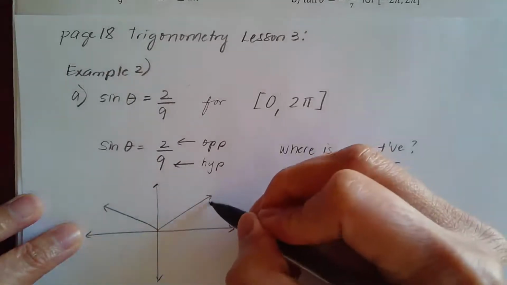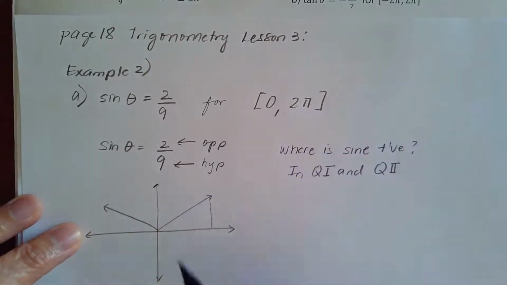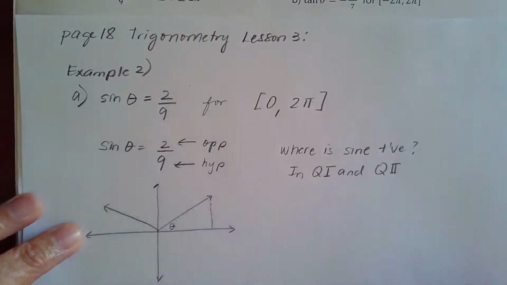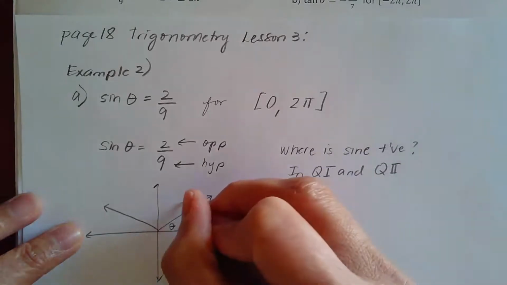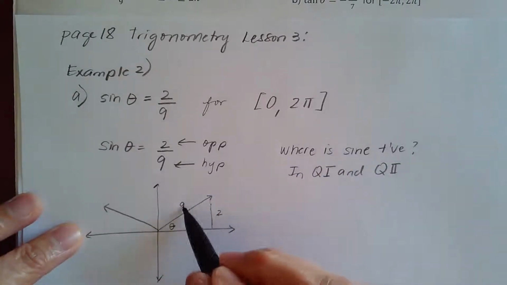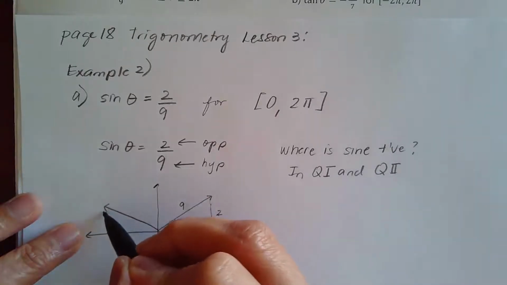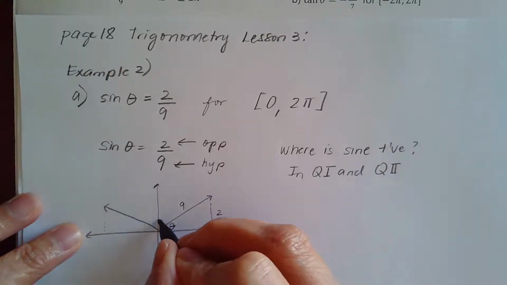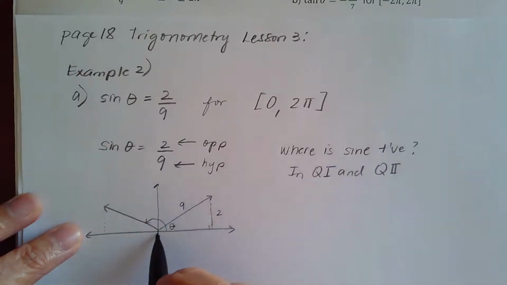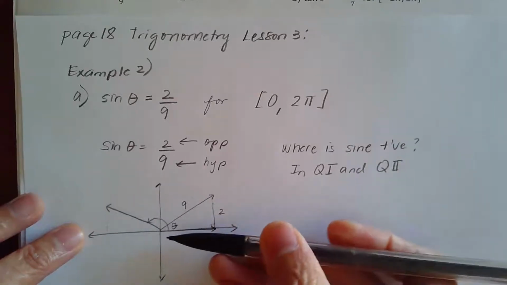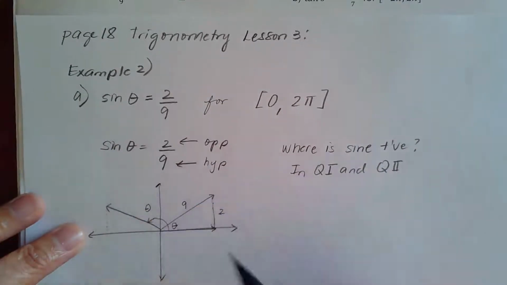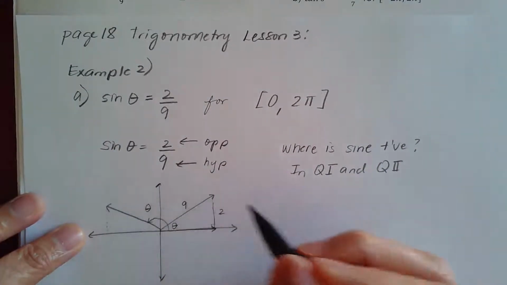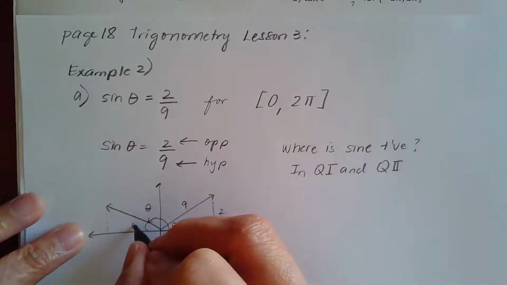Okay. So if we draw our triangle in here, I'm going to drop a perpendicular line there. So this is my theta in standard position. Opposite is 2, hypotenuse is 9. So 2 over 9. But this could also be true on this side. So if I go to this angle right here, starting from our initial arm on the positive x-axis and turning this way, this is our theta in standard position.